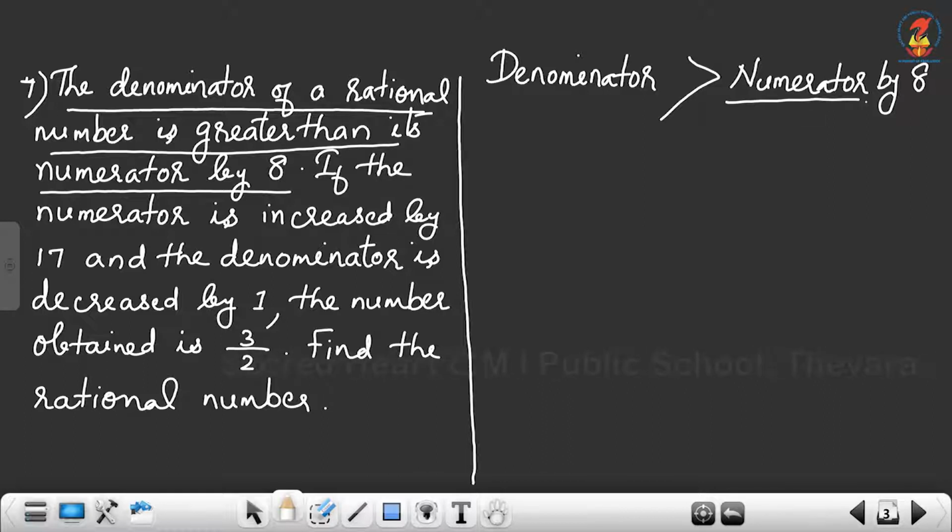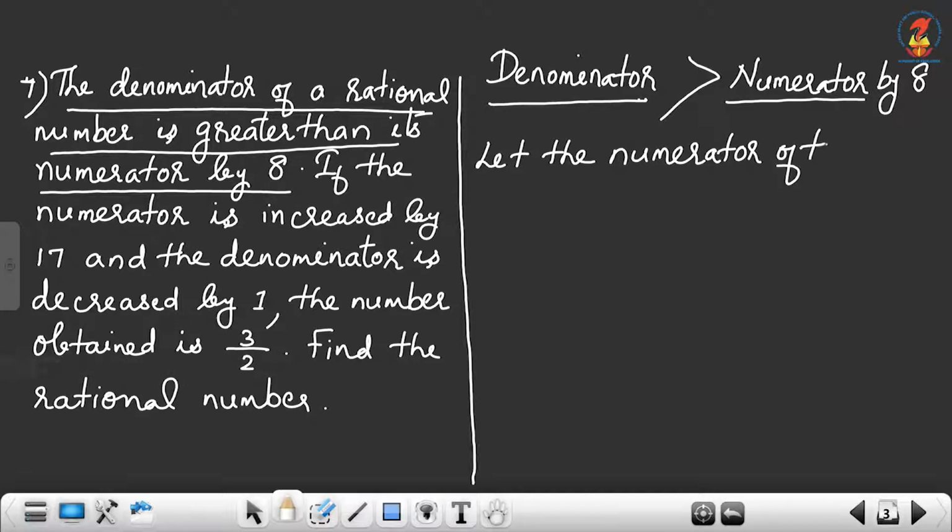So if we know the numerator, then only we can find out the denominator. So let the numerator of the rational number be x. So the numerator is x.